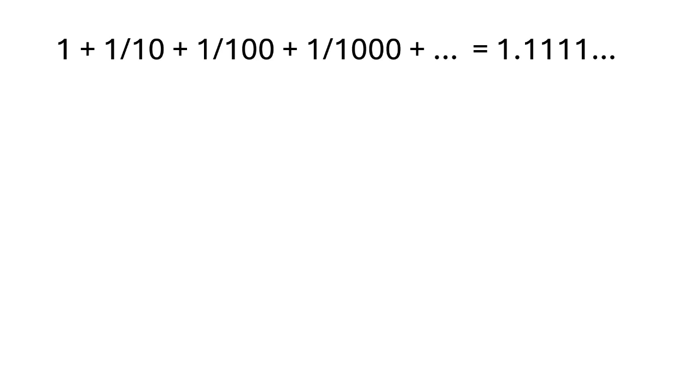But what if we didn't know that? If we call the number 1/10 little a, we can generalize this to a to the 0 power plus a to the 1 plus a to the 2 plus a to the 3. And that's the general expression for a geometric series, right? And we're going to set it equal to capital A.